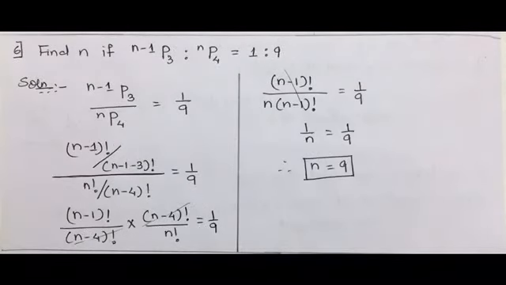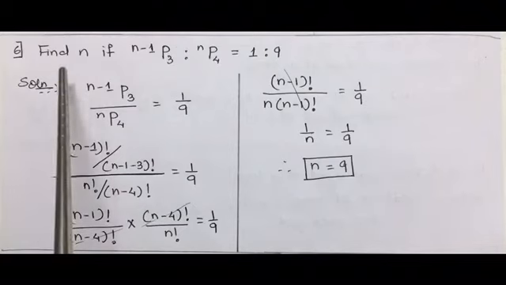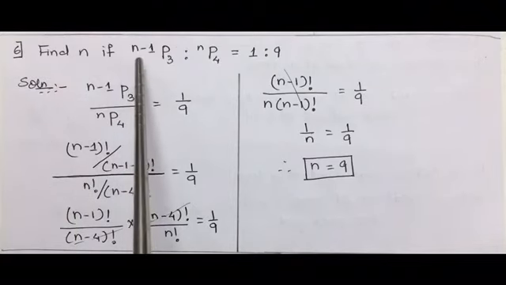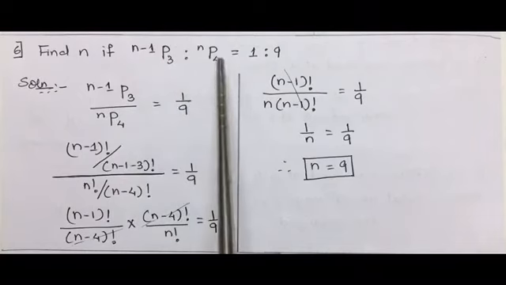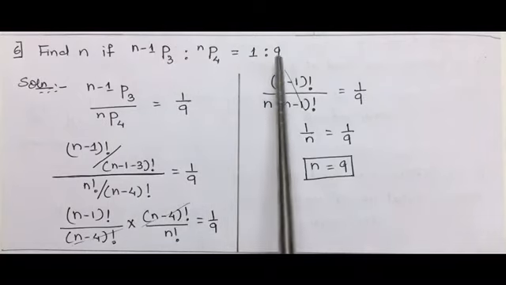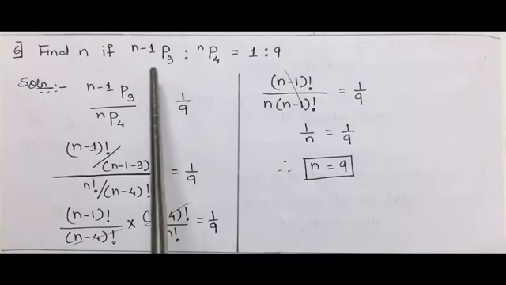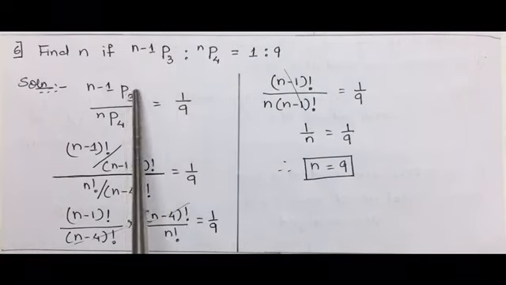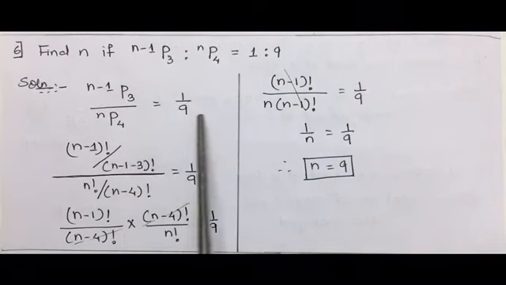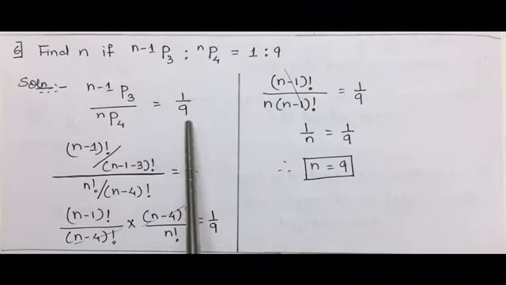Question number 6. The question is, find n if n minus 1 p3 is to n p4 as 1:9. Now as the ratio is given, that means it can be expressed in the form of division, equal to 1/9.